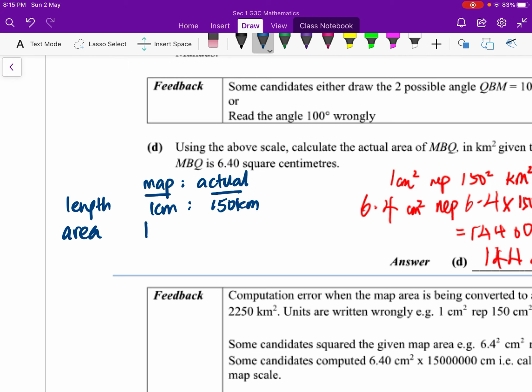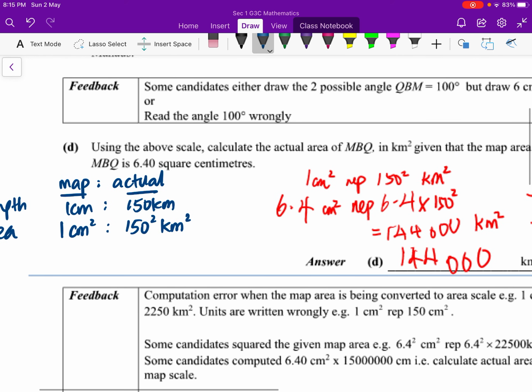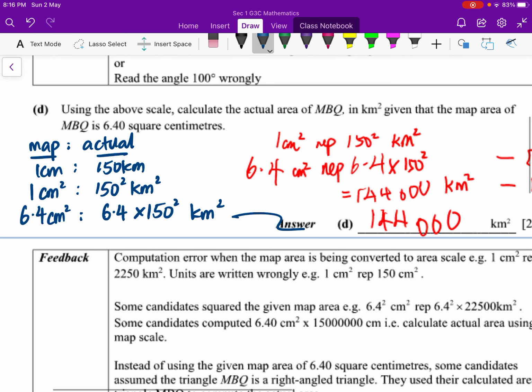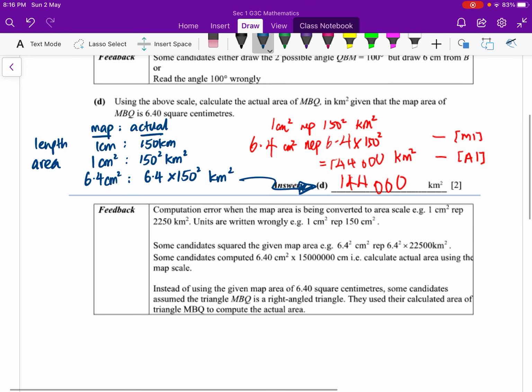So 1 squared is just 1, then centimeters, you square it. Now we need to square 150. Then we have square kilometers. So from here, whatever this value is, 150 squared, we will still need to multiply it by 6.4, because on the map, it is 6.4 square centimeters only. So times 150 squared and square kilometers. So from here, that is our answer. 144000.